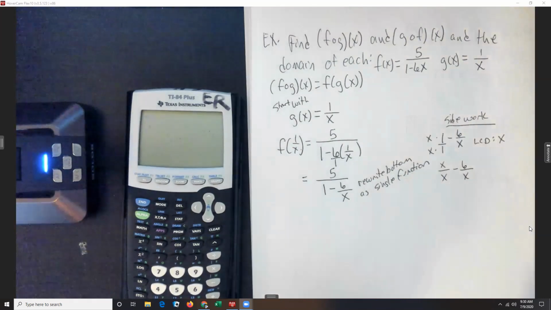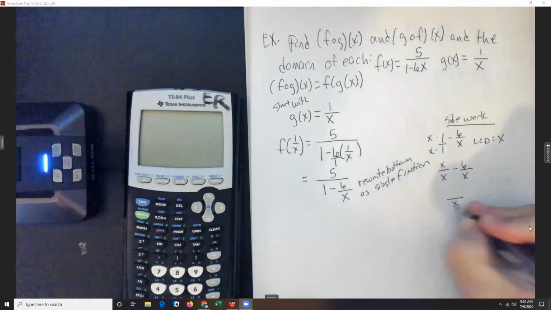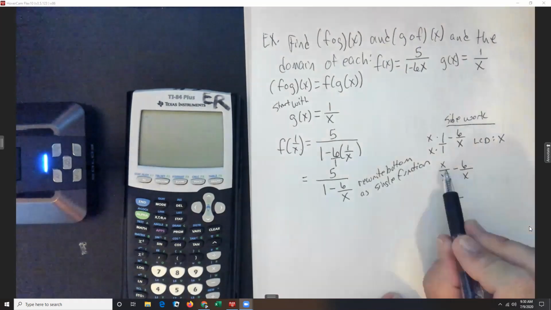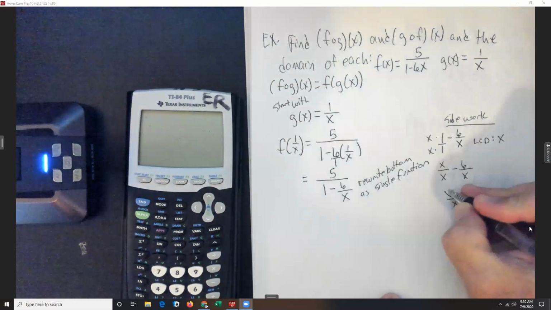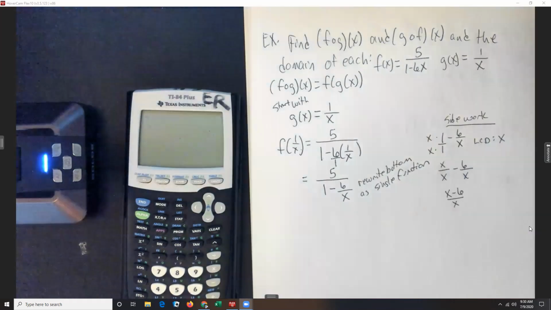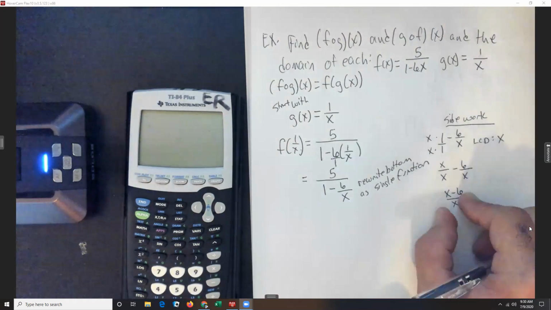Now, since these both have the same thing on the bottom, I can now rewrite this as one fraction by putting the x on the bottom, and then everything else goes on the top, which is the x minus 6. So now this is a single fraction. So remember, you can combine two fractions into one, or I could have took the 1 and split it into 2, okay?